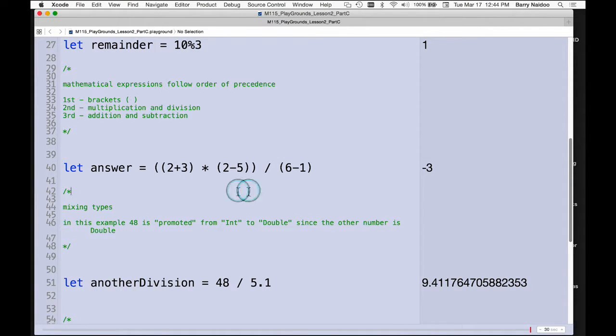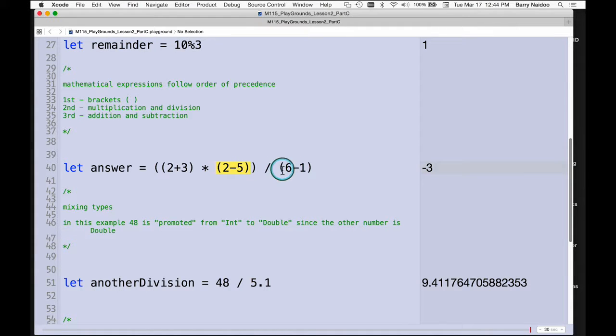The first thing it will do, you'll see there's a number of brackets here. There's some inner brackets, and there's also some outer brackets here. So what would happen here? It will first evaluate the inner brackets. It would do this first. Do this first as well.